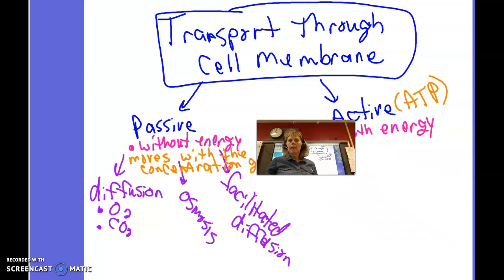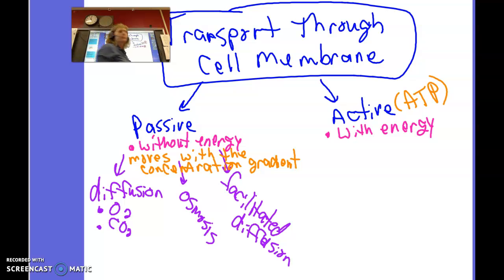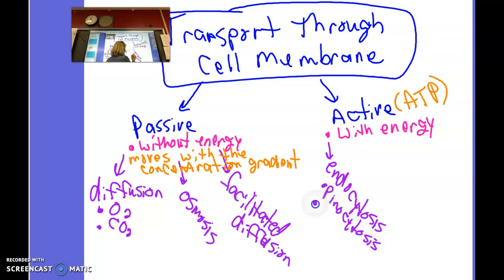So active transport, we talked about a couple of different ones, actually 3 of them. We said endocytosis, which could be pinocytosis or phagocytosis.